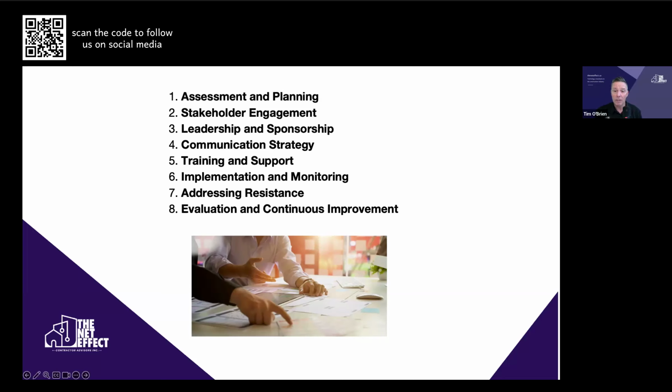And then having a really strong training plan, all the different modules, because there are different ways to train different levels of the organization. So your field workers are going to have their own interface, and they're only going to see a specific part of the software.